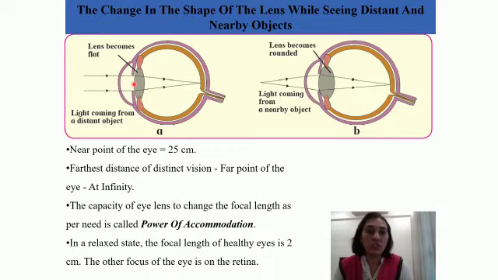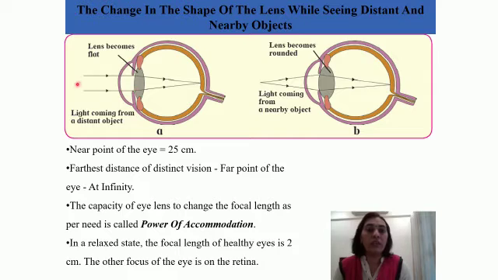So they will converge and we find that the rays meet at the retina, or we can say that the second focus, F2, lies on the retina, and we can see the distant object clearly. If you see the shape of the lens in this case, the lens has become very thin and the focal length when we see any distant object becomes maximum.